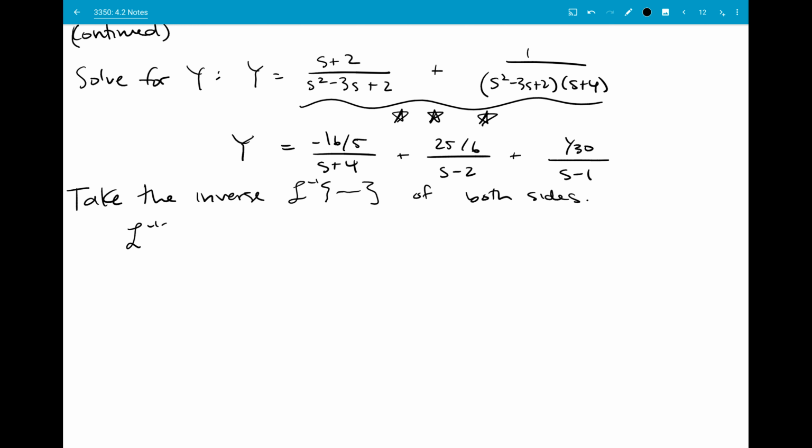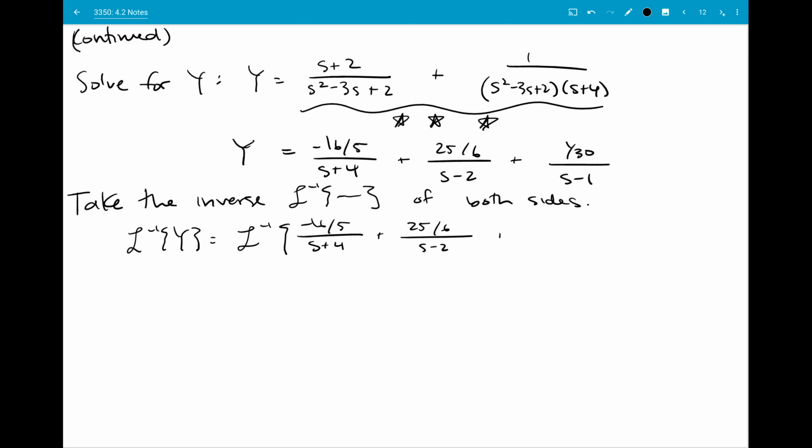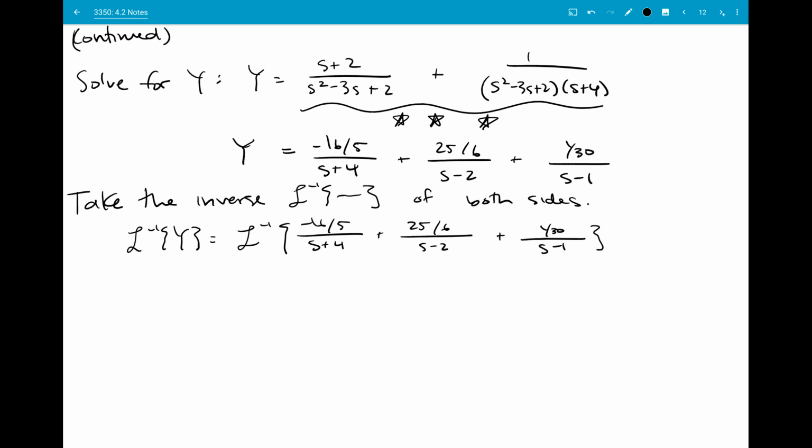So we've got L inverse of big Y is equal to L inverse of minus 16 over 5 over (s plus 4), plus 25 over 6 over (s minus 2), plus 1 over 30 over (s minus 1). The left side is just going to be little y of t.